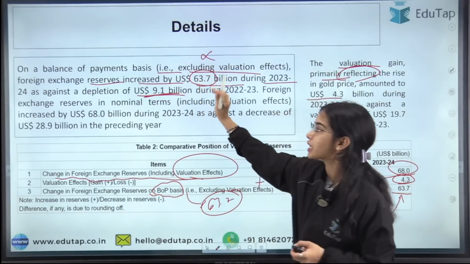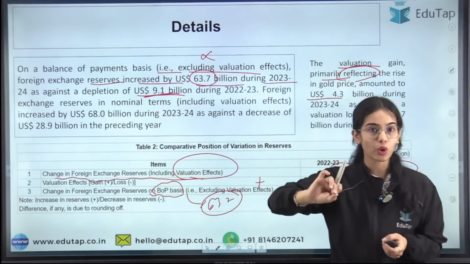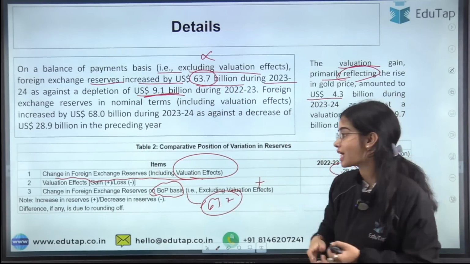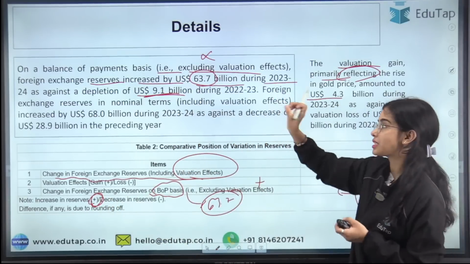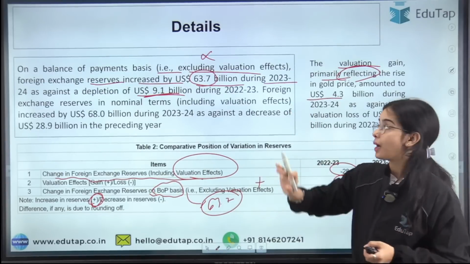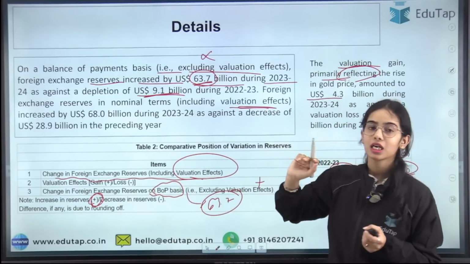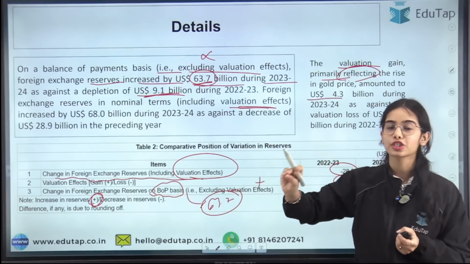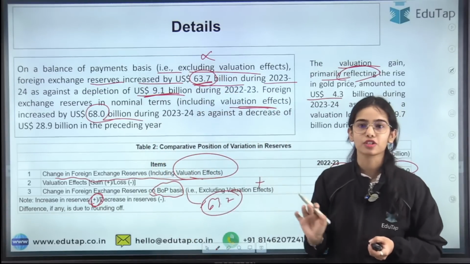Excluding the valuation effect, the balance of payment has got a surplus of $63.7 billion, so the foreign exchange reserves have increased by $63.7 billion. But if we include the valuation effect, then the foreign exchange reserves have increased by $68 billion because of the increase in prices of gold.